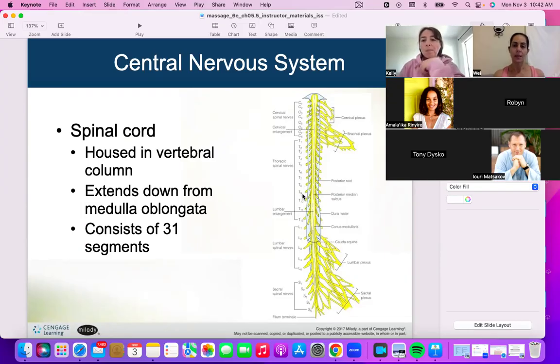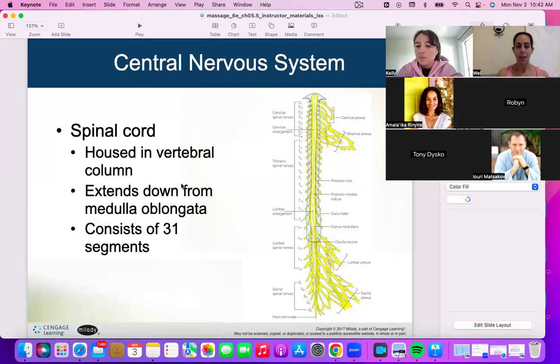And then you got your thoracic 12. You got your lumbar 5. And then sacrum 5 and 1 at the terminal end here. So that consists of 31 segments. It's housed in the vertebral column. So the vertebral column is here, inside the vertebrae. There's a column, and that's what houses the spinal cord.